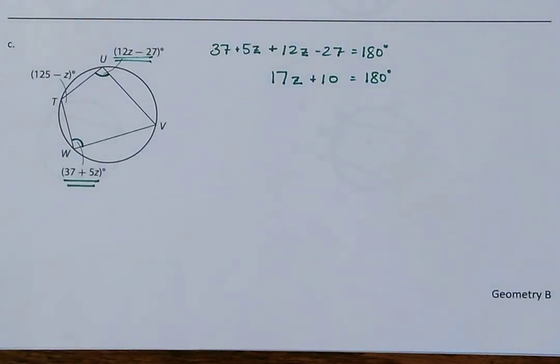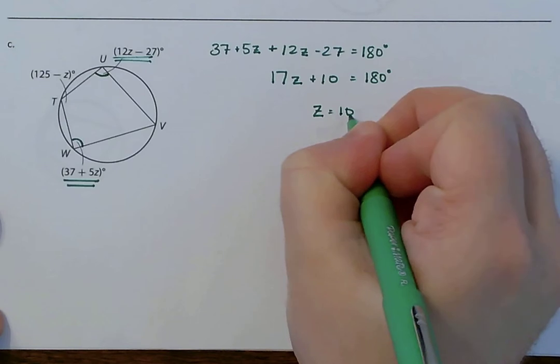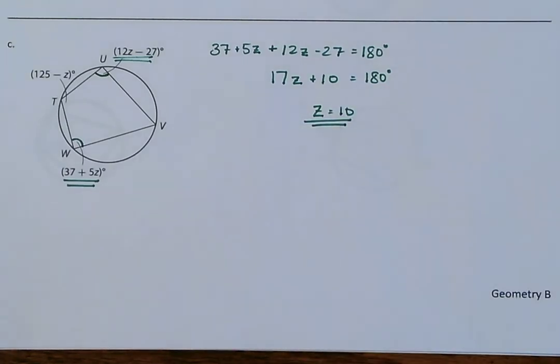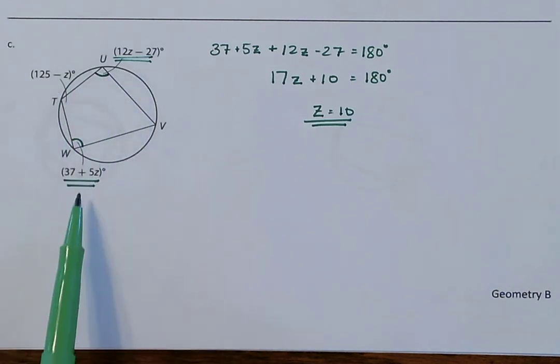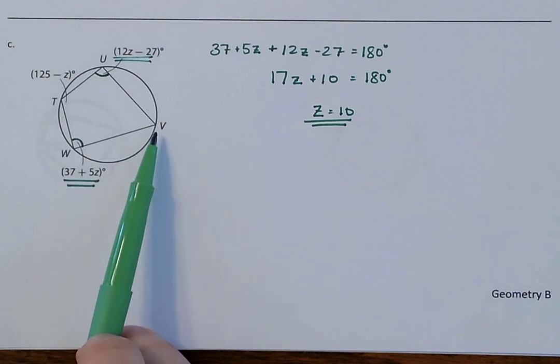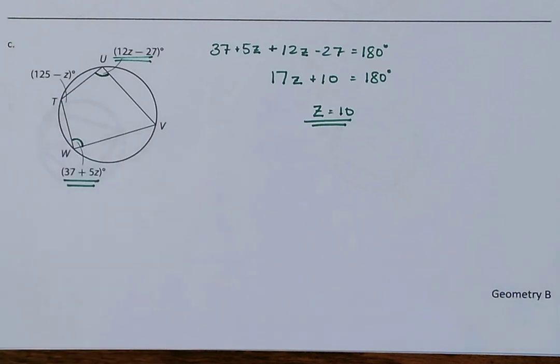You would subtract 10, divide by 17, and that tells us that z equals 10. So now that you know what z equals, you can plug z in for the expression on U, for T, and for W, and then you can figure out the measure of angle V by just doing 180 minus the measure of angle T.